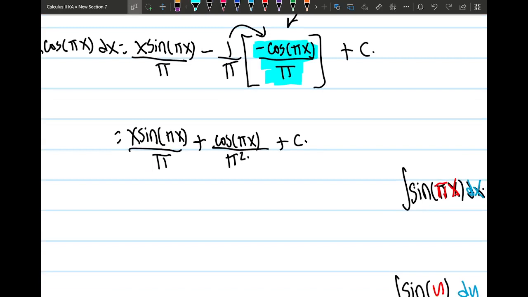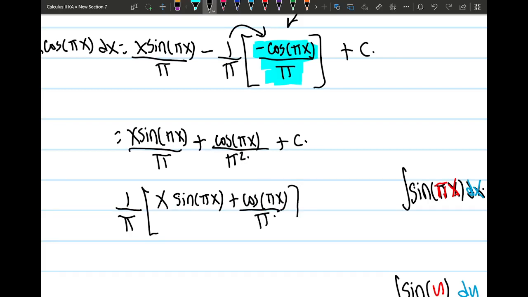You don't have to, but you can factor out the 1 over pi. Another way of saying this is 1 over pi times x sine of pi x, and then plus cosine of pi x over pi, plus c.